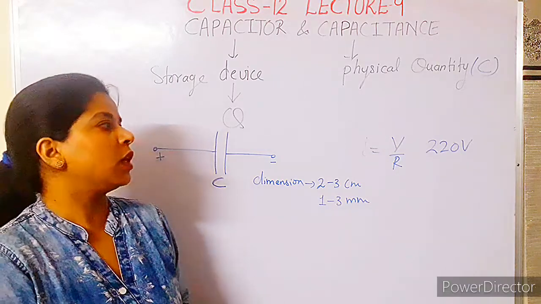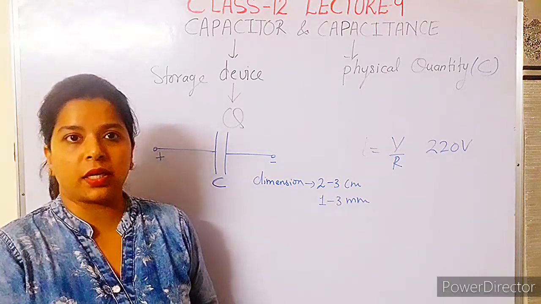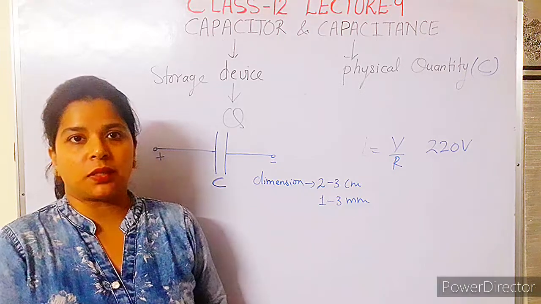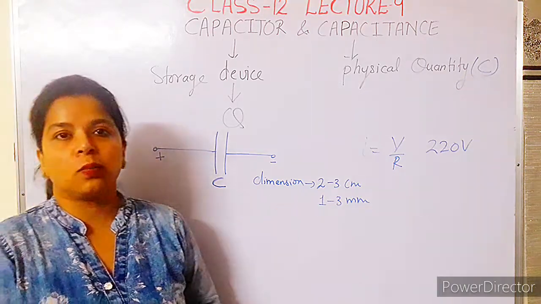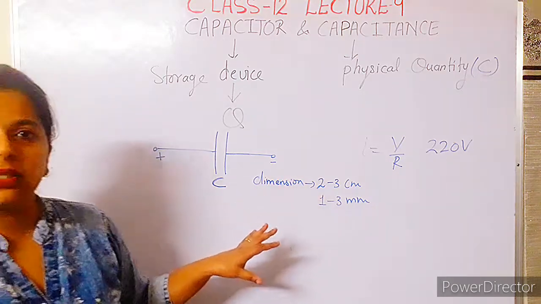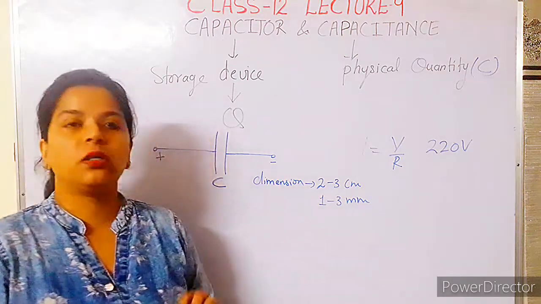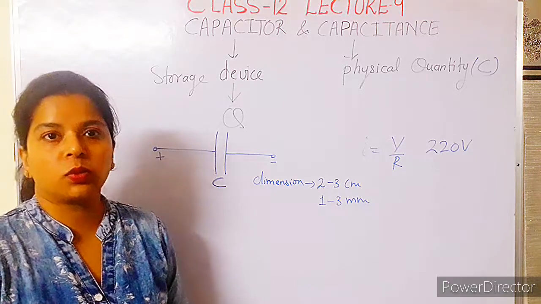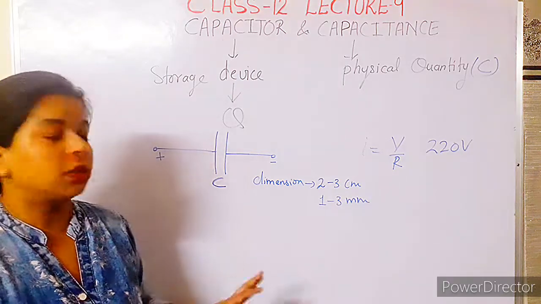So we cannot experience that charging and discharging of the capacitor. I will explain the mechanism of the capacitor here. So this is a practical application. If you have not experienced it earlier, you can observe it after this lecture.